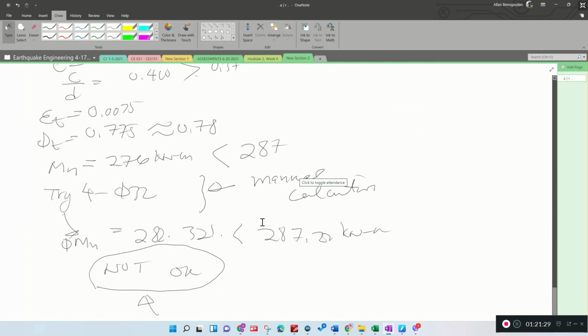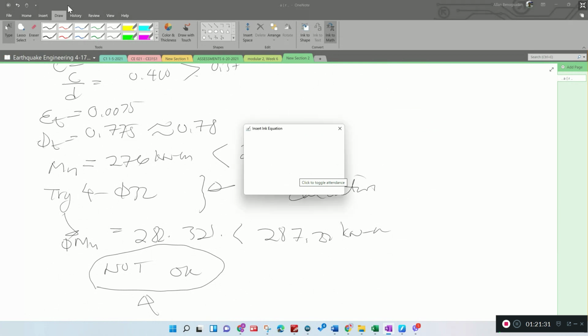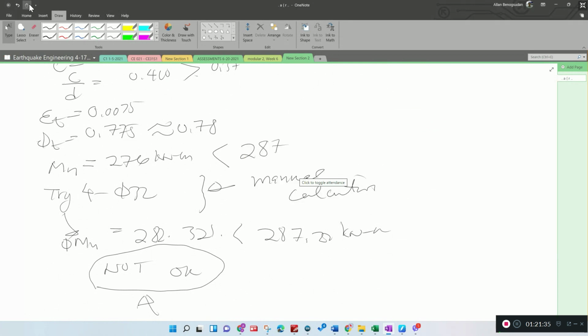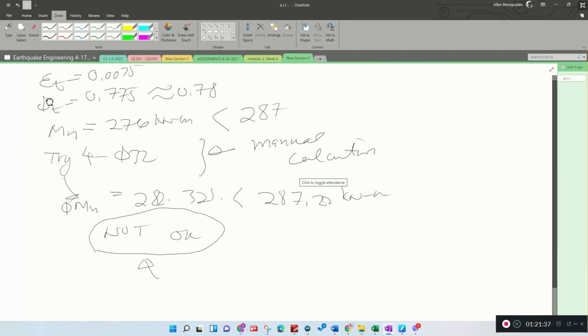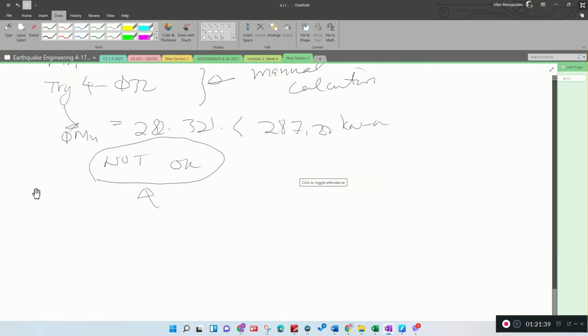So what you are going to do then is to say that you need to put compression reinforcement.